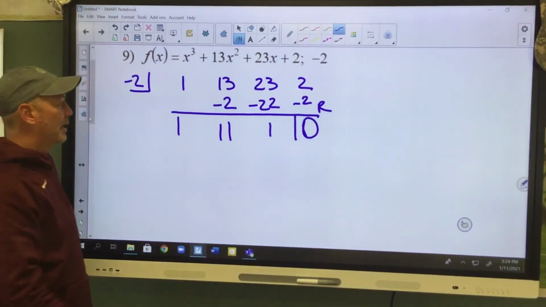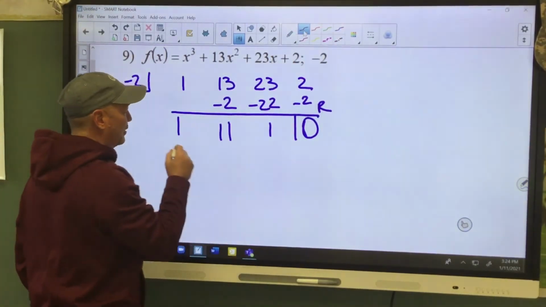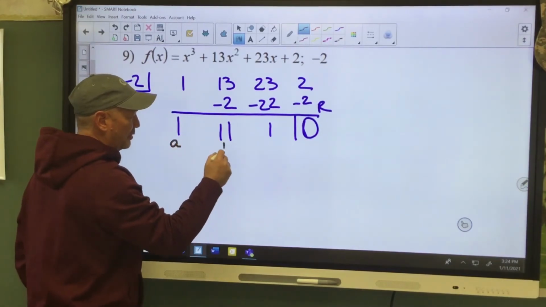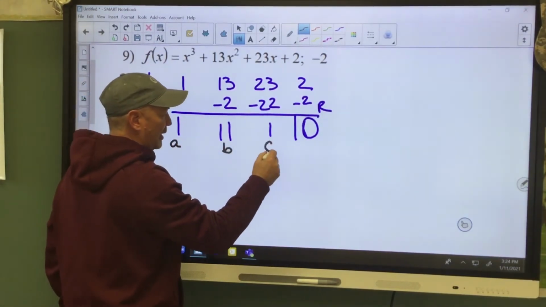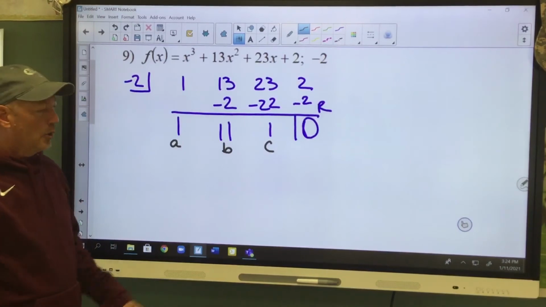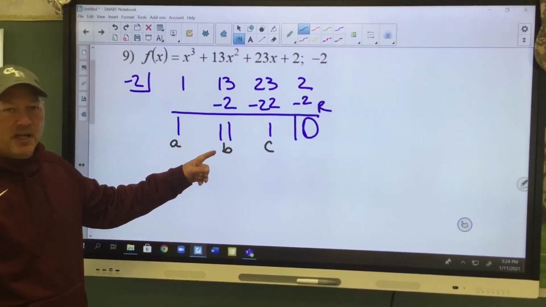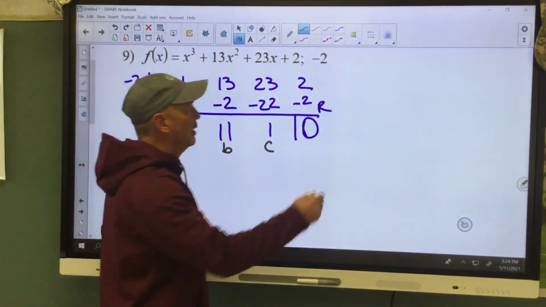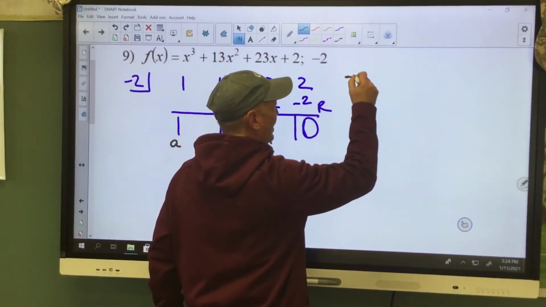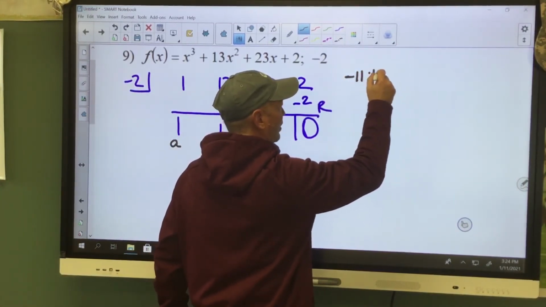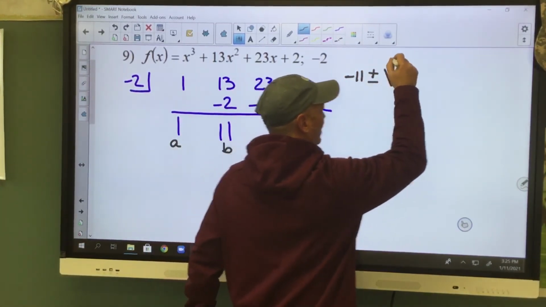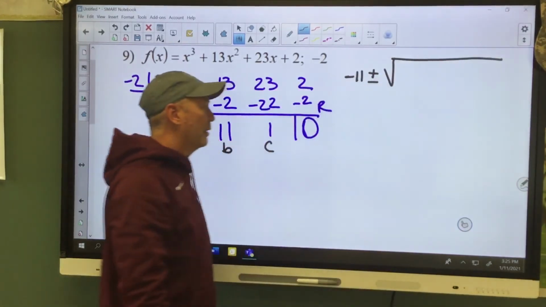Good stuff, okay? Now, this is my A, this is my B, this is my C. The quadratic formula says I want the opposite of B. The opposite of B is -11, plus or minus the square root.